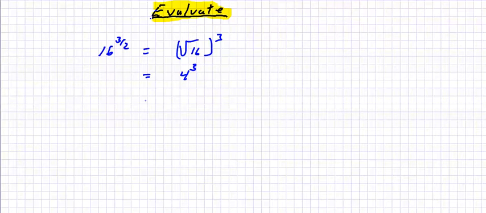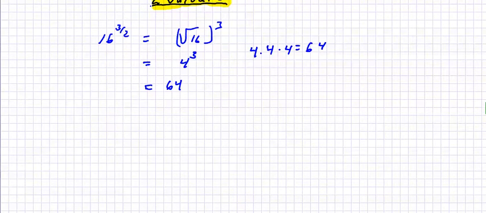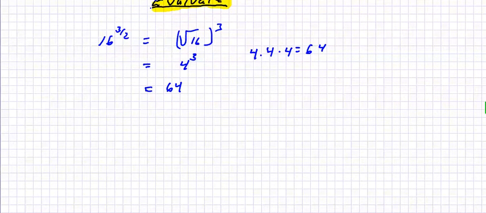And then 4 times 4 times 4 is 64. We've evaluated it. We told you, or you told me, depending on who's doing it, what this number evaluates to.